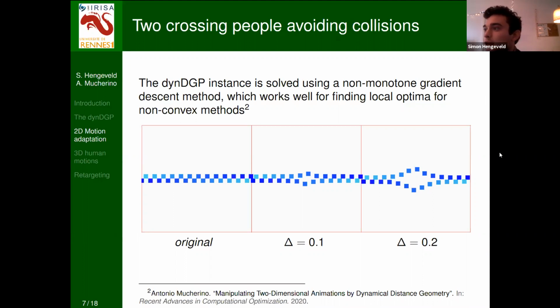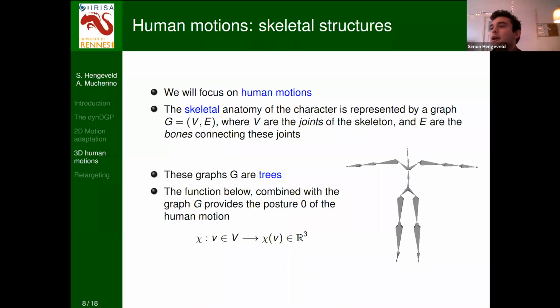Okay, so now let's move on to the 3D motions, in particular human motions. In these motions, we have a skeletal anatomy, like the one shown in the picture on the right, which can be represented by a graph where the vertices are the joints of the skeleton, and the edges are the bones connecting these joints.